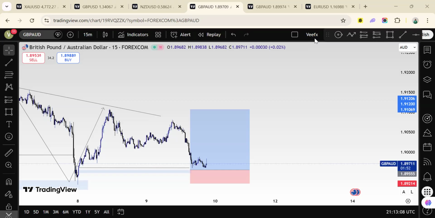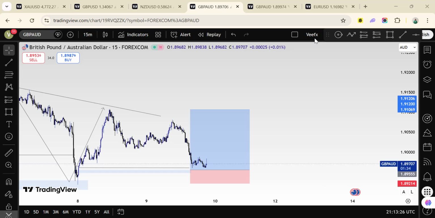Okay, so I said in this particular strategy we make use of two types of POIs in the market. The first one is breaker block, the second one is order block.